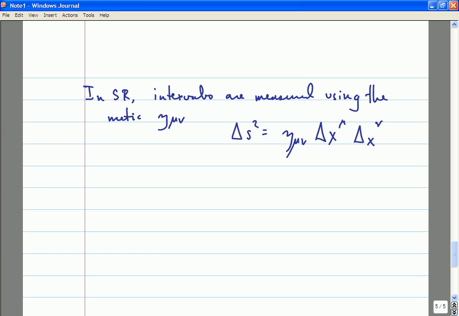What's the difference between upper indices and lower indices? We will learn that. So right now, I have not told you what the difference between upper and lower indices are. I've only told you that upper indices describe displacements between coordinates in, say, a Cartesian coordinate system.